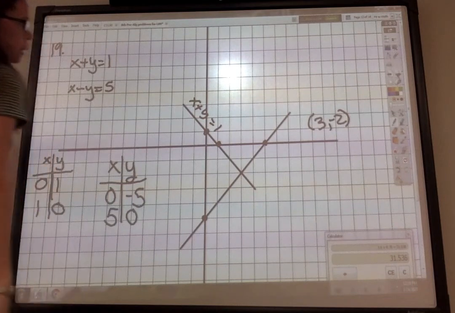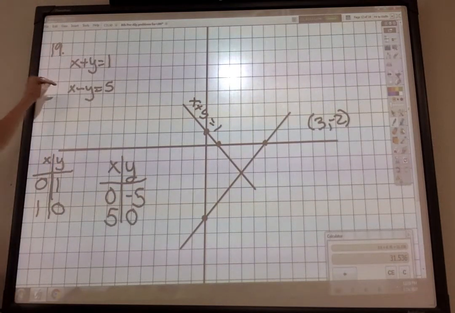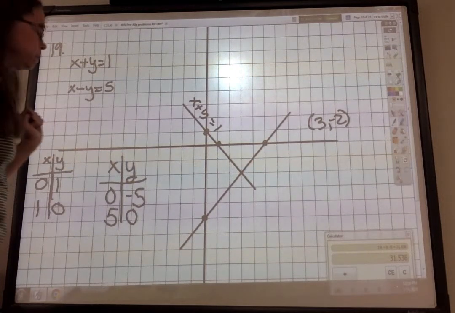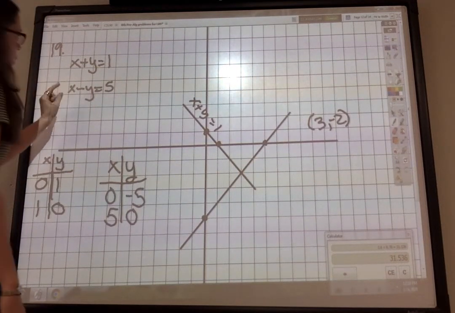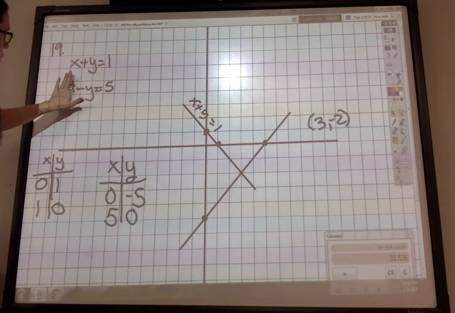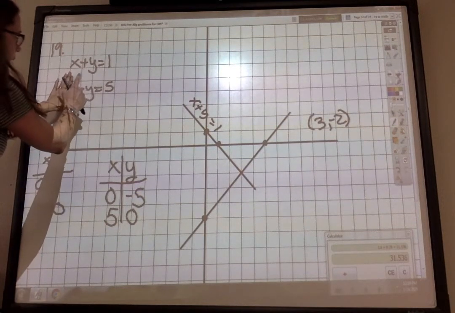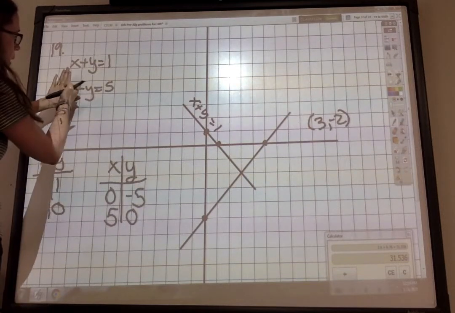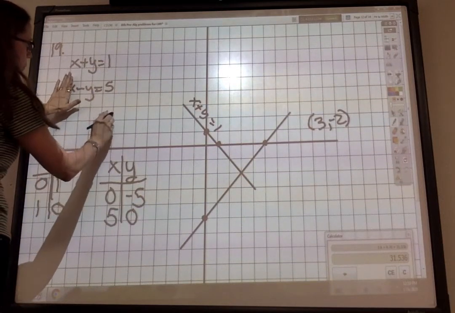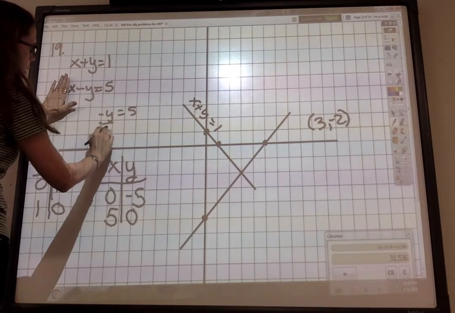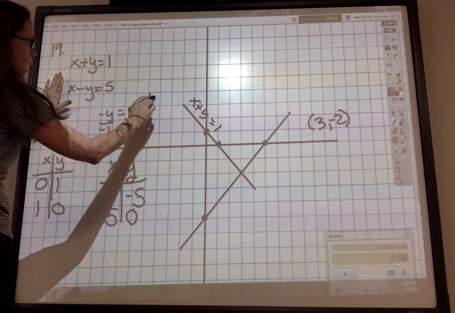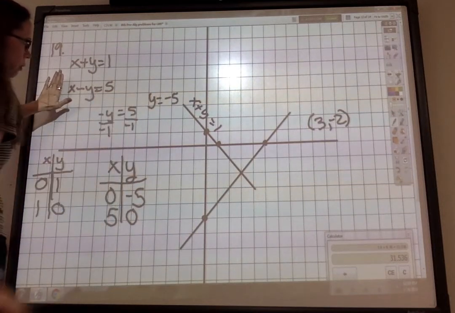equals 1. Now this one was a little harder because I had a negative y. So we've got to be very careful. In this case, if x is 0, then I have to say negative y equals 5. So that means I need to divide both sides by negative 1 to get y equals negative 5.